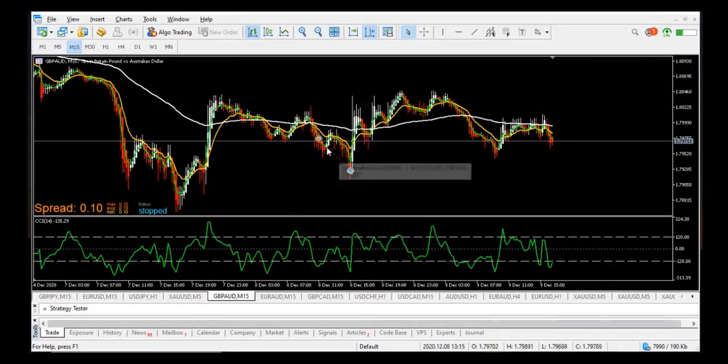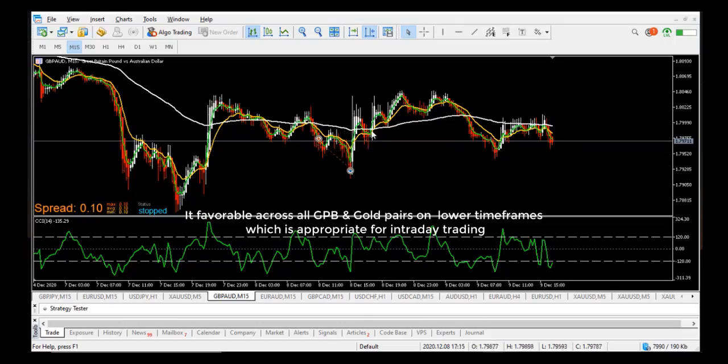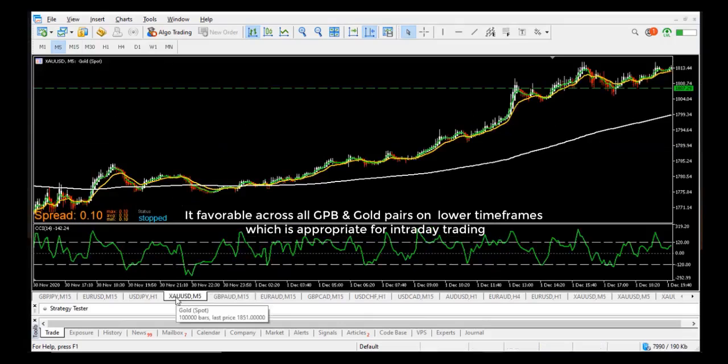As you can see from this point, 15 minutes time frame. In my next video, I'm going to be showing you my live trades I opened today and yesterday using this system and the result I got from them. So this system is highly lucrative in gold pairs and GBP pairs.